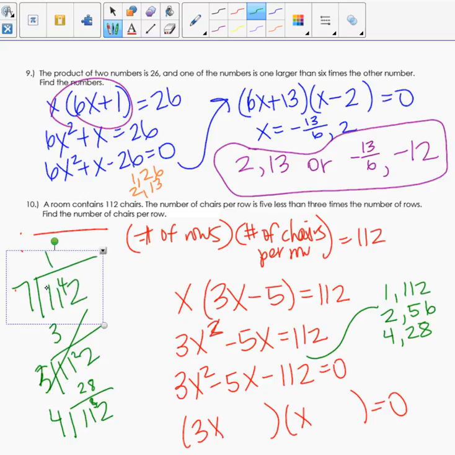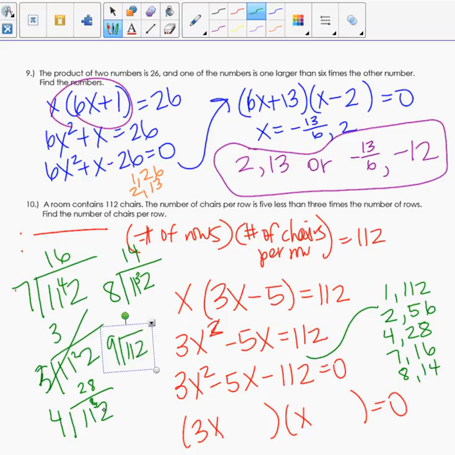Well, good thing I didn't trust my math, because it does. 7 and 16. 8 should work since 4 did. 8 goes into 11 once with 3 left over, so it's 8 and 14. 9 into 112, I don't think it works. No. 10 doesn't work. 11 doesn't work. 12 doesn't work. 13 doesn't work. And then we're back up at 14. Sweet. 1, 2, 3, 4, 5 options.